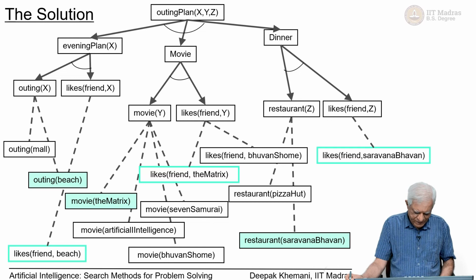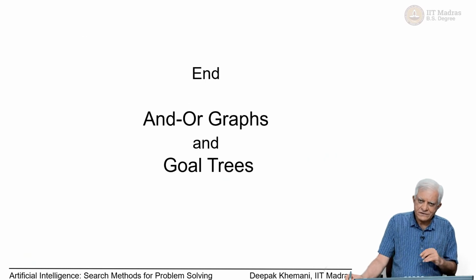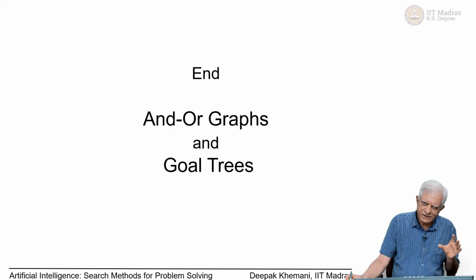That should conclude our study of AND-OR graphs and goal trees, and hopefully we have also got some insight into how logical deduction in logic is related to search. We only saw the connection between backward reasoning or backward chaining with goal trees, but other forms of deduction also have connections to search, but we will leave that for another day.